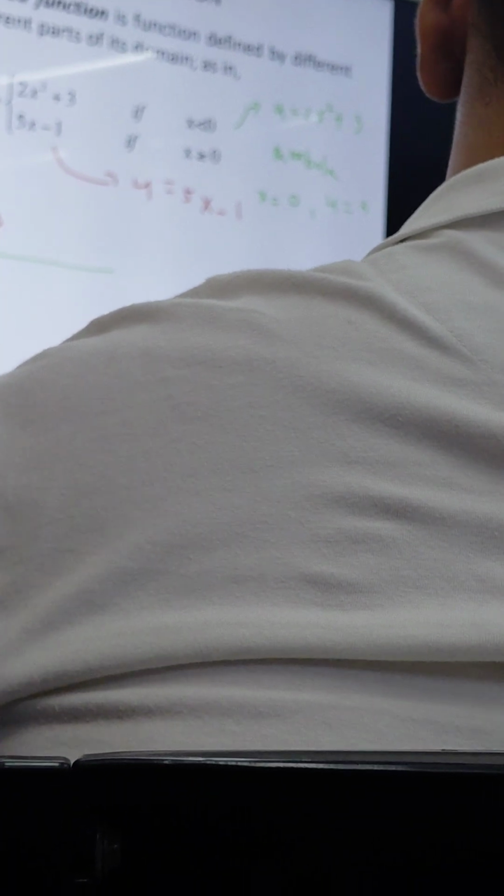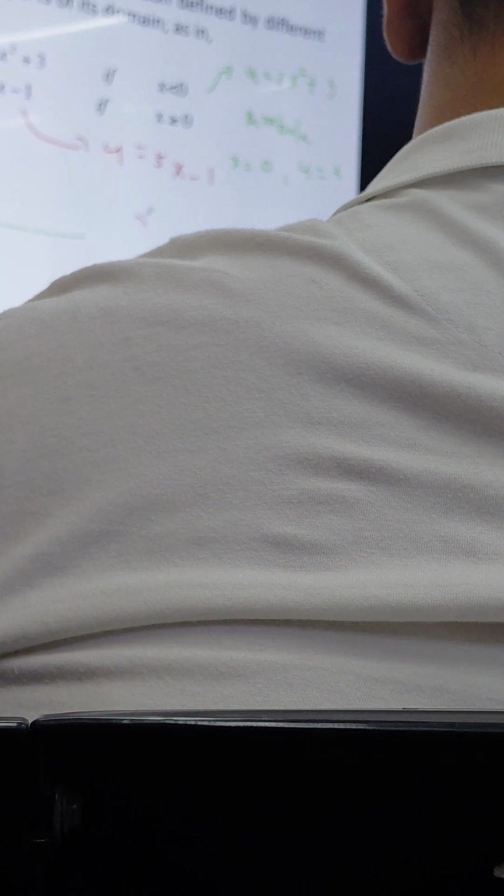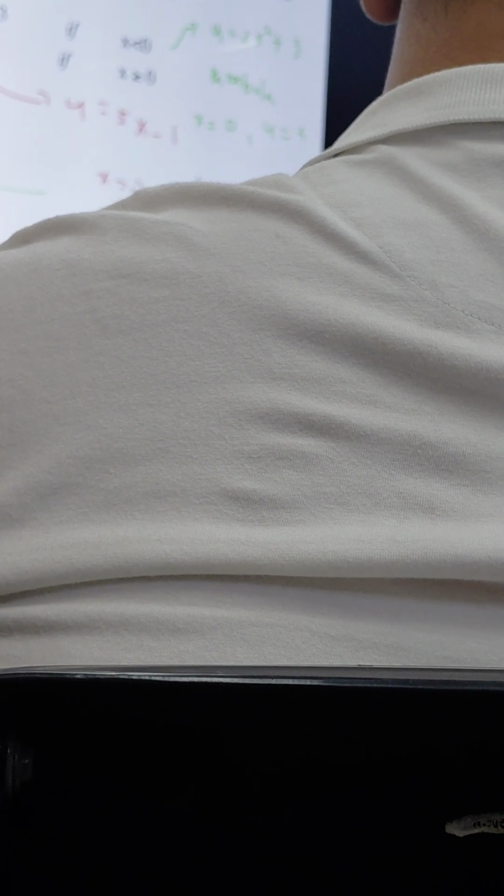So, ito will give you y equals, ano yan, line 5x minus 1. Ang common nila is x equals 0. So, ano yung value ni y when x equals 0? Negative 1.